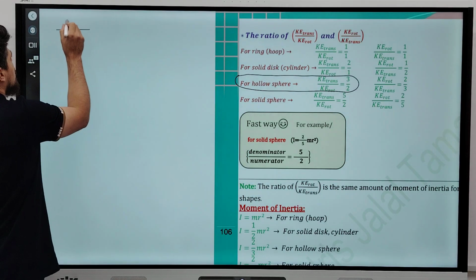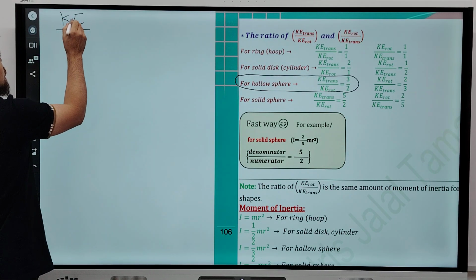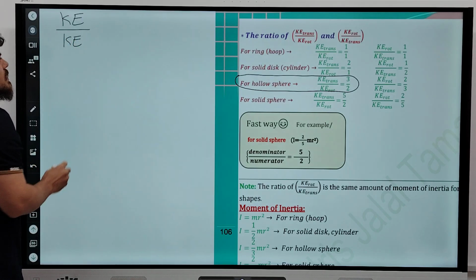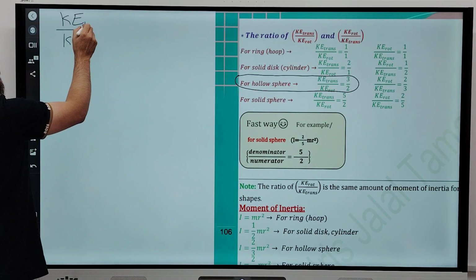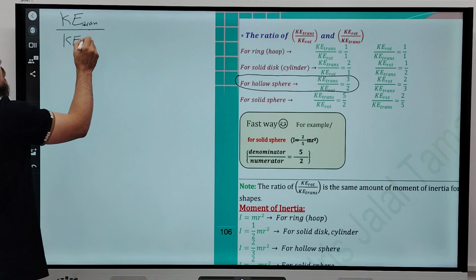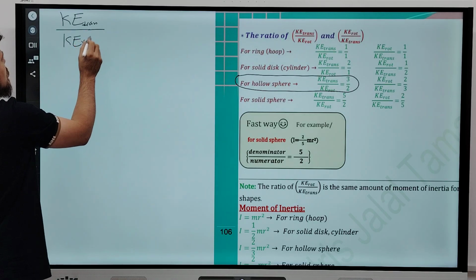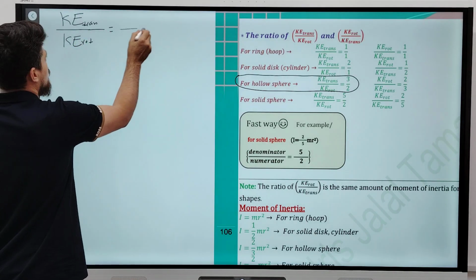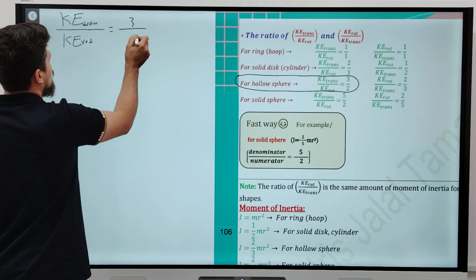We have to find the ratio of kinetic energy from translation to rotation, which is equal to 3/2.